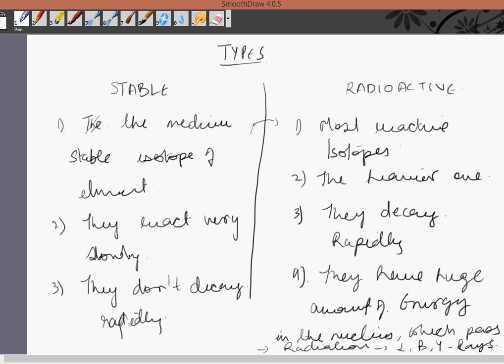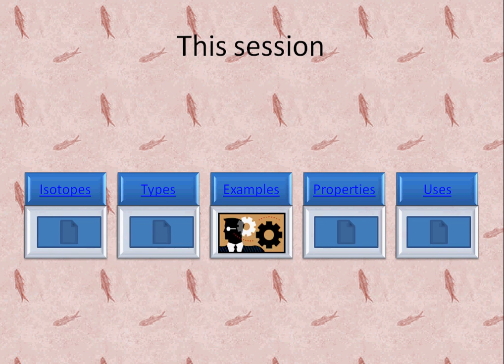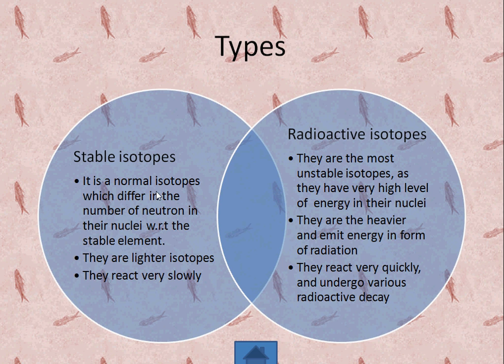As I told you, in the example of the balloon, the heavier balloon has more tendency to burst, giving all the energy, all the air outside the balloon wall. So now let me give you the brief. So this is a stable isotope and radioactive isotope. It is a normal isotope which differs in the number of neutrons in its nuclei with respect to the stable element.